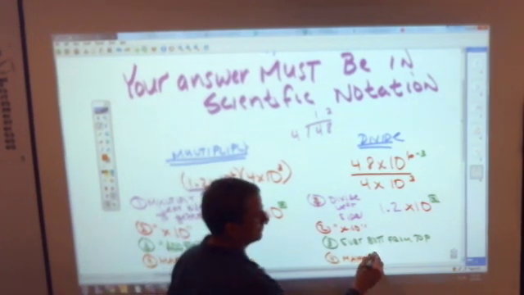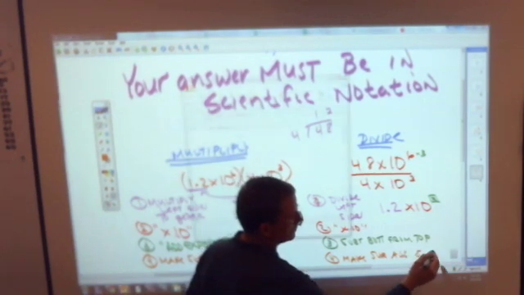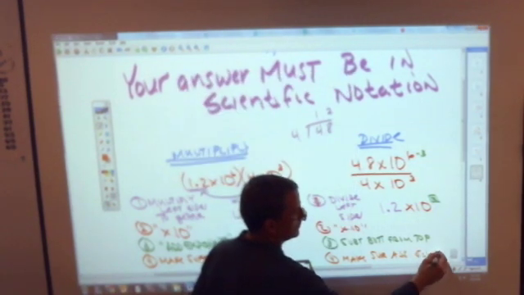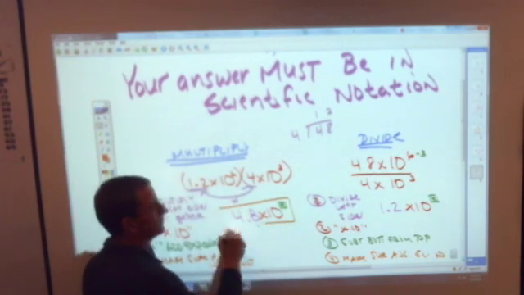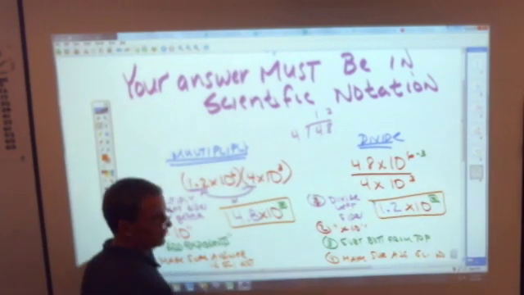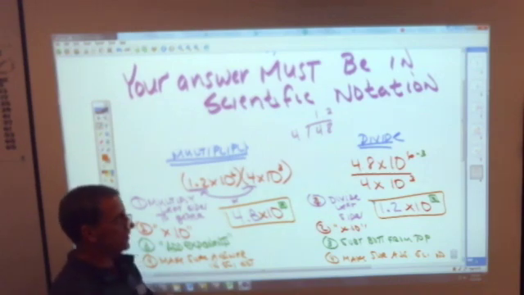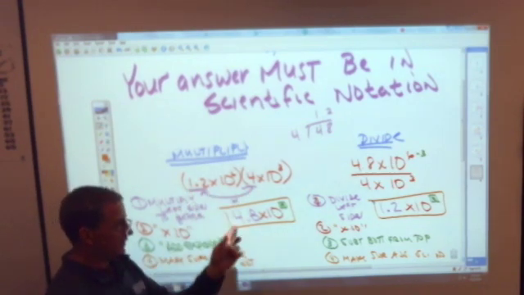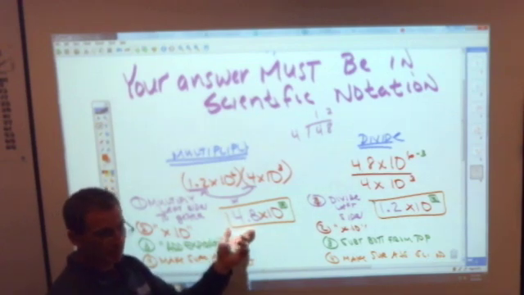Now, this answer, yes. This answer, yes. These two worked out nicely. The problem happens when you multiply these two numbers and you get a number that's bigger than 10. We have to do some adjustment, and I'll do that next.